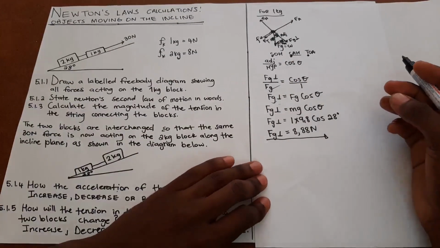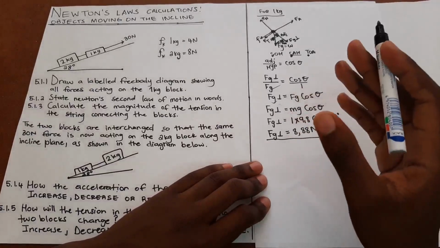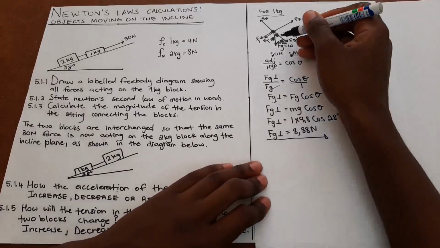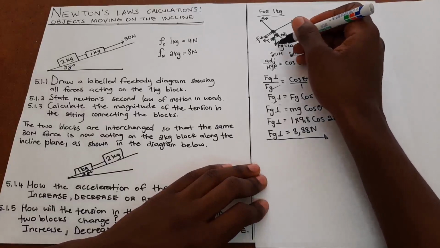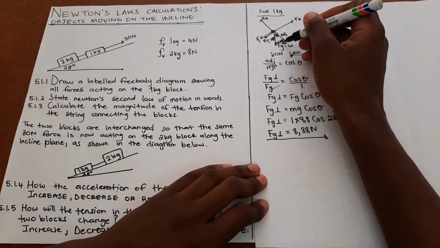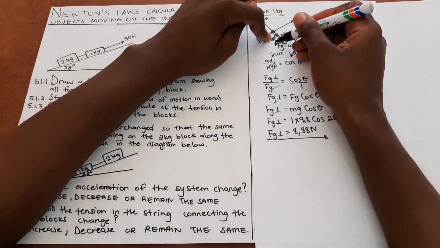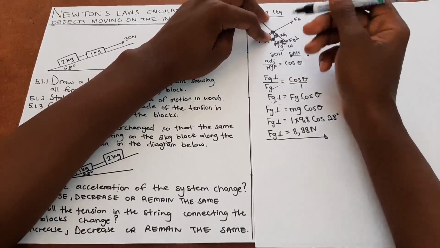Now, what are we going to look for? Now we're going to look for the parallel component, the gravitational force parallel component. You can see that the gravitational parallel component is this one. We have the hypotenuse on this side, so we have this angle here, which is 90 minus theta.